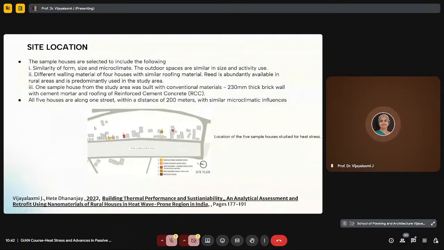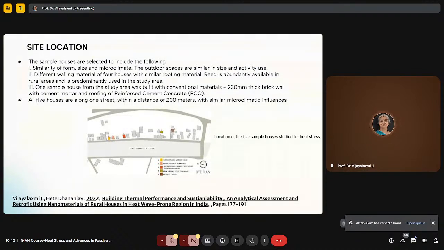May to September becomes very hot, so we took this in April, luckily, because collecting this data was difficult. We took it in April, with the outdoor average during that time about 44 degrees.